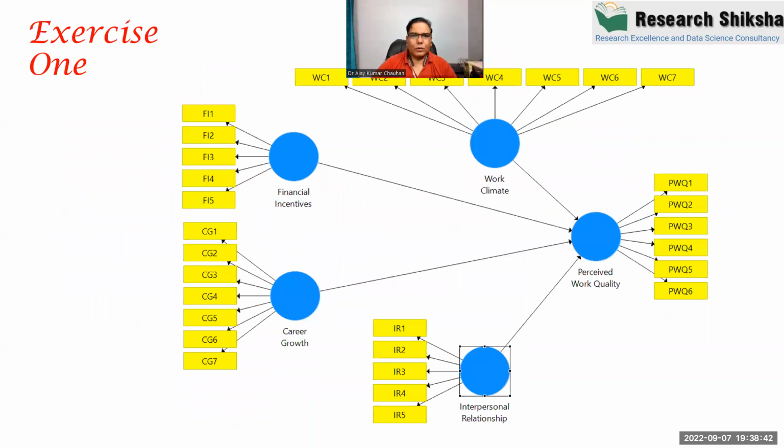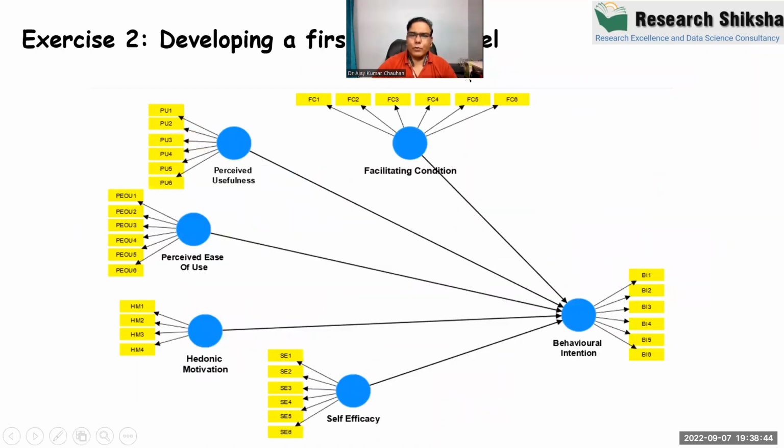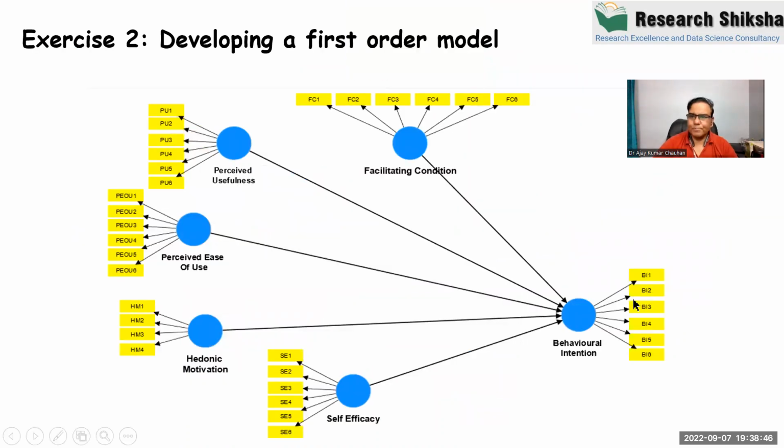And now I'm going to do this exercise. The data I will share in the folder. And while doing this exercise, I am showing you many new commands which are available in SmartPLS 4. In this model, it is a first order SEM model. Behavioral intention is the dependent variable, and these four are independent variables.